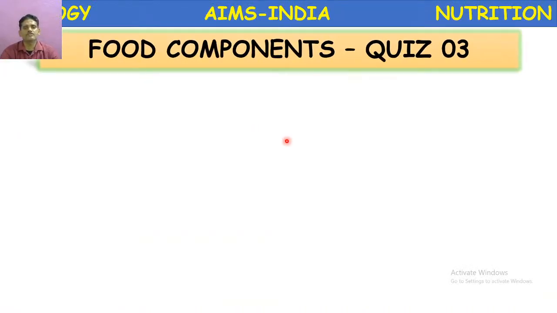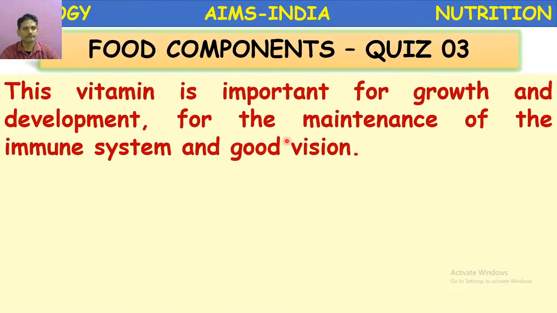Food components, quiz number 3. This vitamin is important for growth and development and for the maintenance of the immune system and good vision.